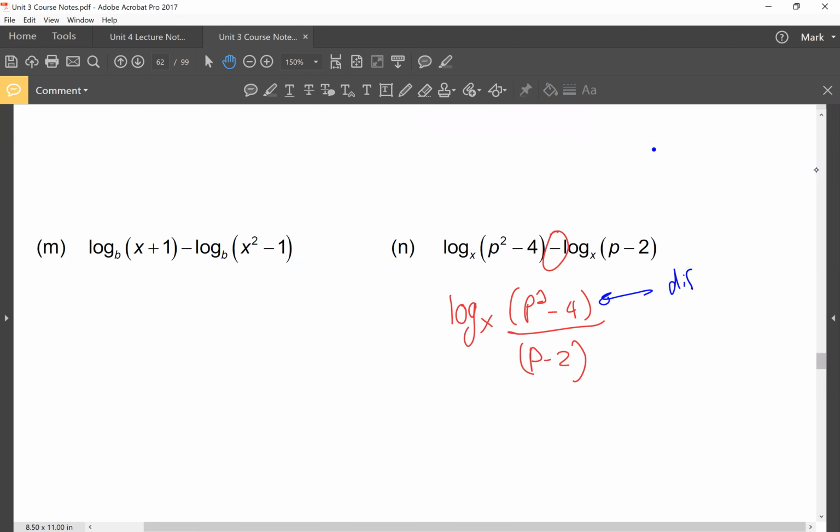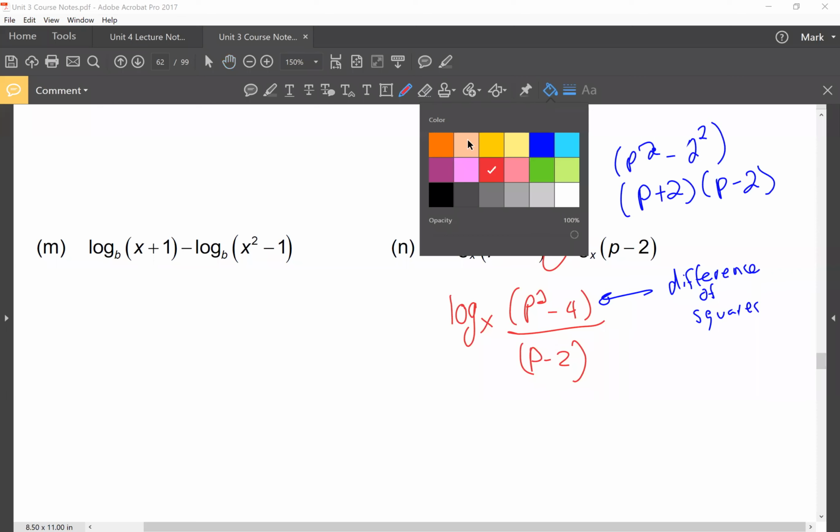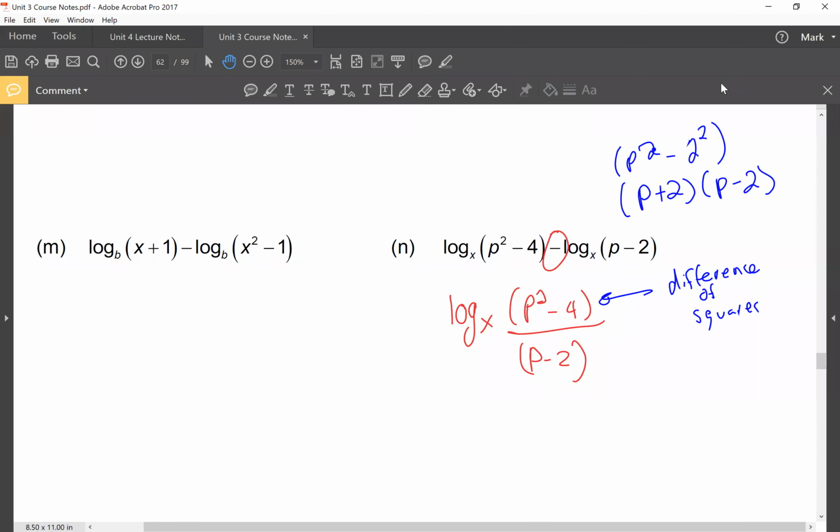This is a difference of squares. This we can factor. P squared minus 4 is the same as p squared minus 2 squared, which is a difference of 2 squares. So this can be factored to be p plus 2 and p minus 2. Again, you have to practice factoring. If a student asked what to practice the most for an exam, I would say factoring.